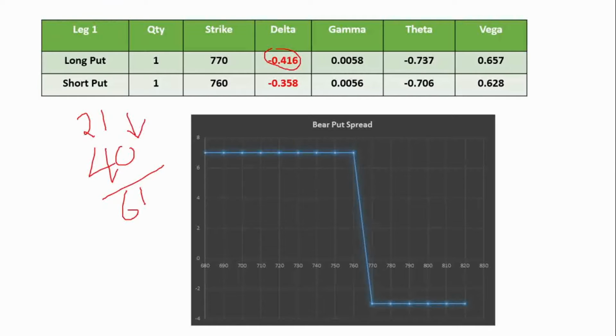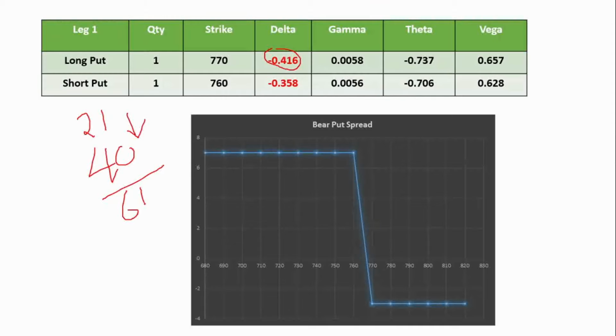Gamma captures the changes in the delta itself by changes in the underlying asset. As I said before, when the stock moves 100 points, the option premium will change. Not only the option premium will change, delta also changes. As of now, delta is minus 0.416.